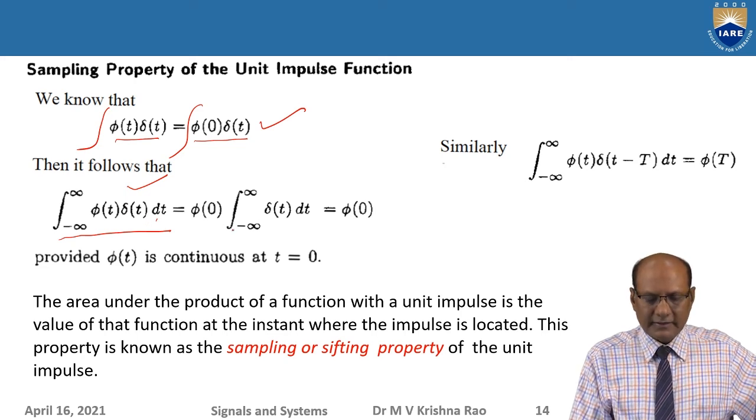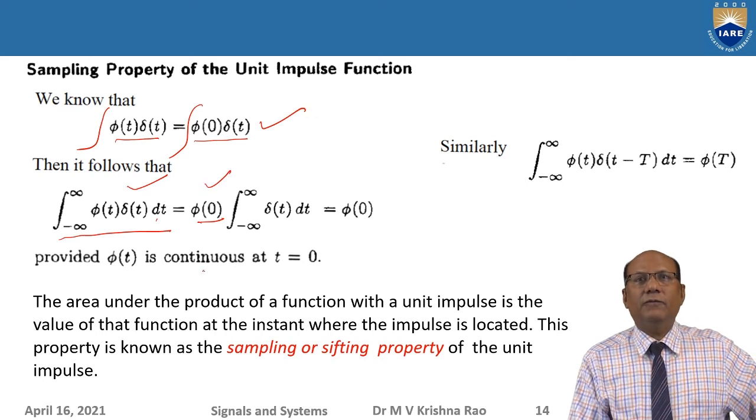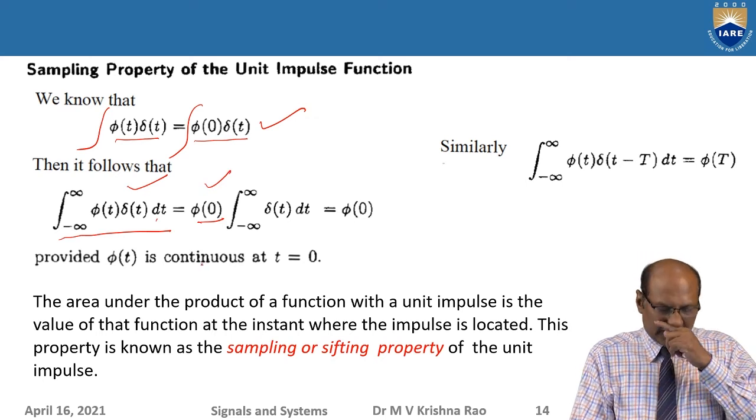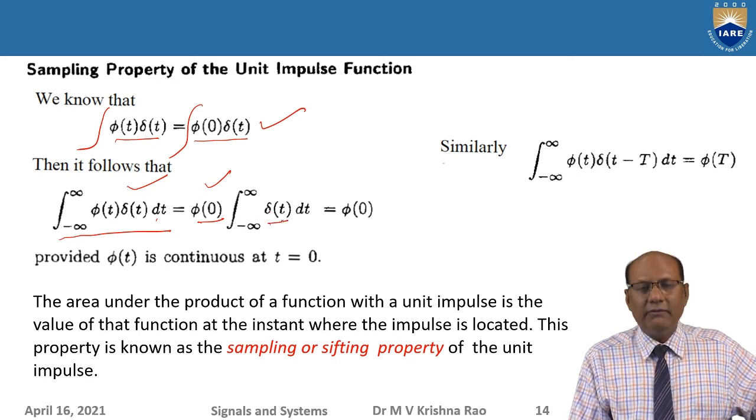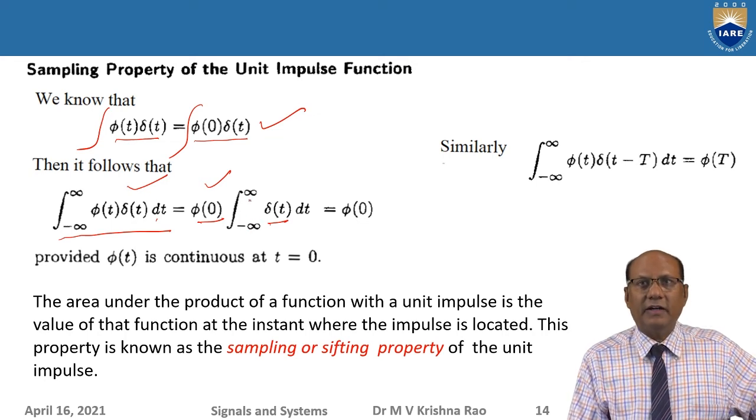On the right hand side, phi of 0 is a constant. It is not a function of time, so it comes out of the integral. And only delta t will be there inside the integral: integral from minus infinite to plus infinite, delta of t dt.